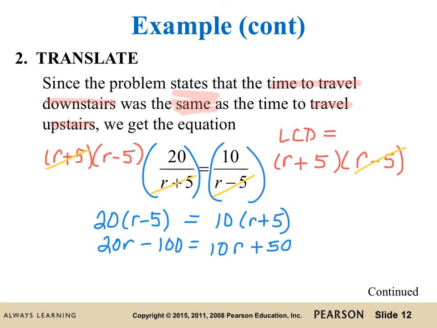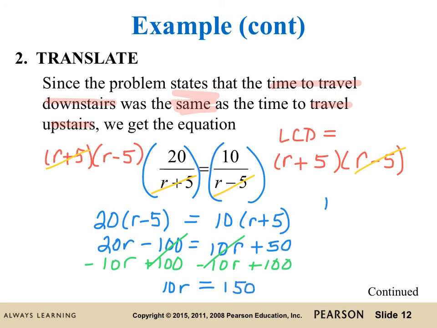And then what we'll do is we'll subtract 10r from both sides, which gets rid of it over here. And then we'll add 100 to both sides, which gets rid of that over here. And the equation that we have left will be 20r minus 10r, which is 10r, is equal to 50 plus 100 is 150.